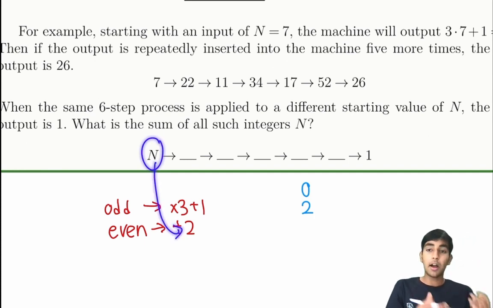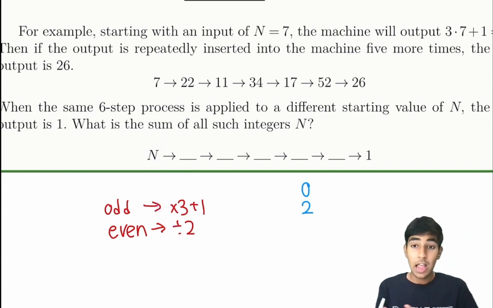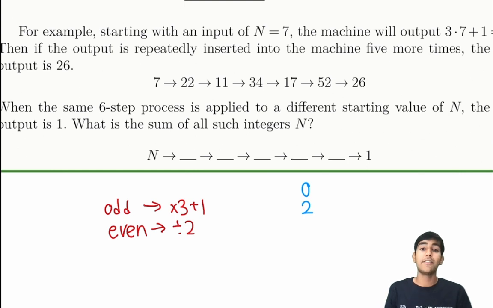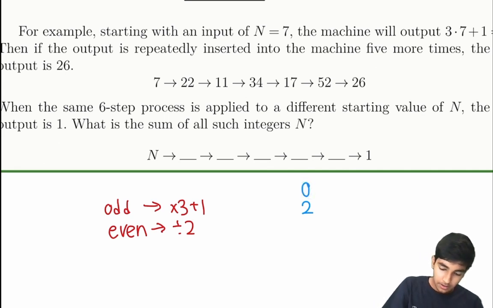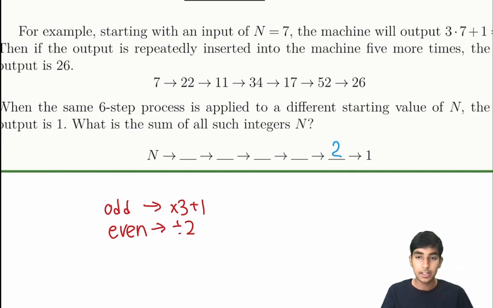And neither is there a way to go from a positive integer to 0 by doing times 3 plus 1, because there's literally a plus 1 term. And when we're dividing a positive integer by 2, it's going to stay positive. So this is not possible. So just 2 is the only possibility right here.